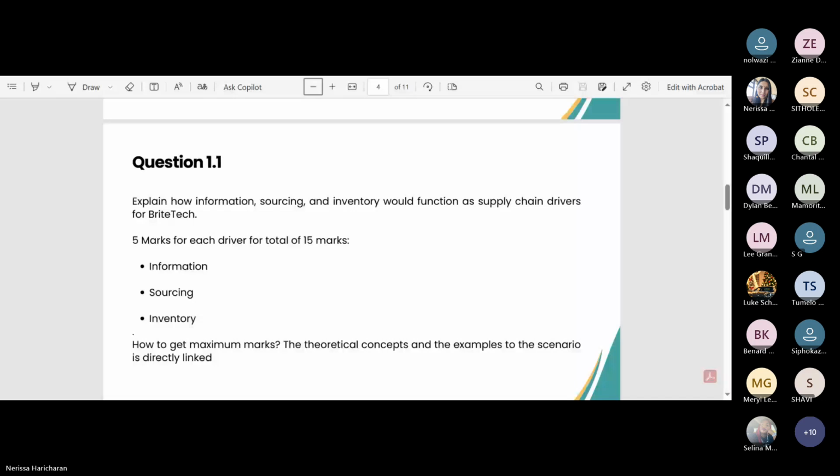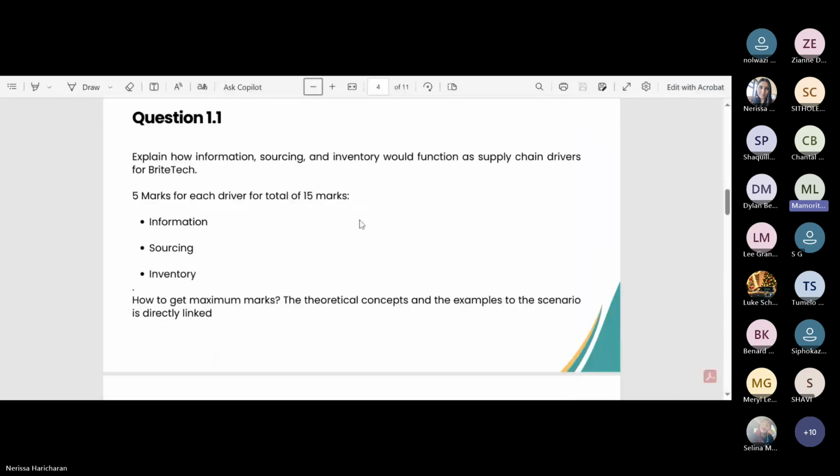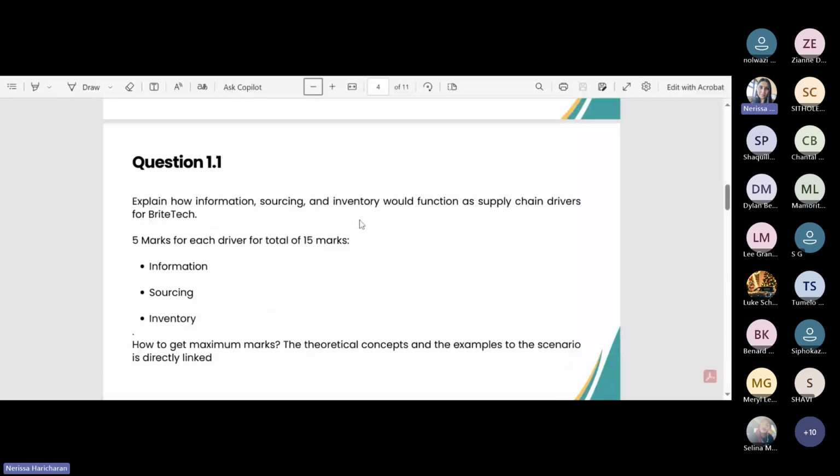Okay. Thank you, ma'am. Is it in point form? I would say if you are, say, for instance, let's look at question 1.1, right? One of your drivers is information. I don't mind for information to be in point form. But when you're speaking about it theoretically and you're doing an application, it's very difficult to put it into point form, because all it means is you're just making a point for a mark.